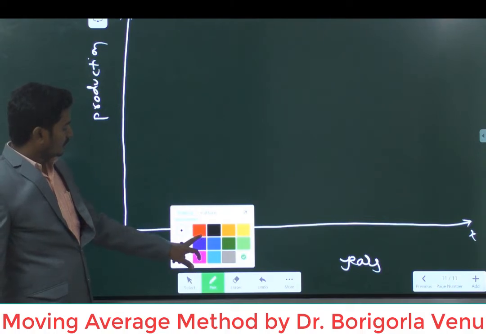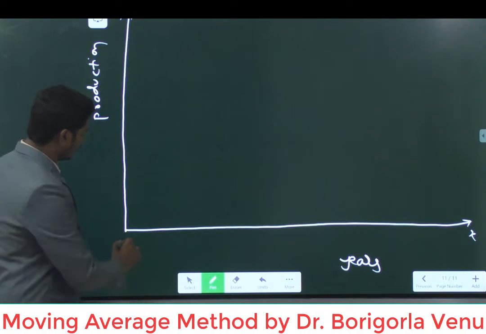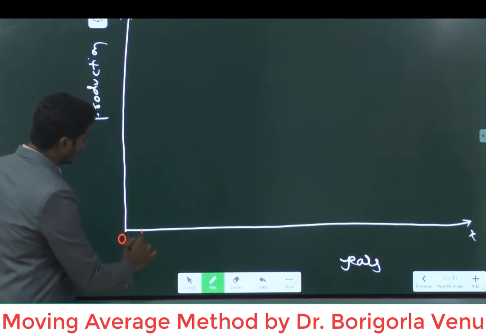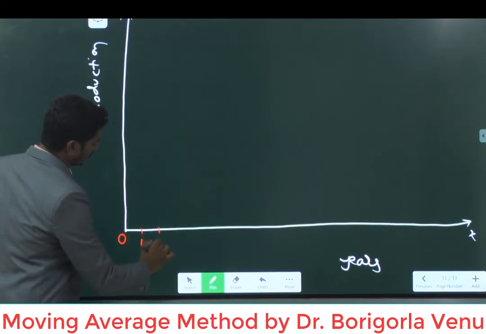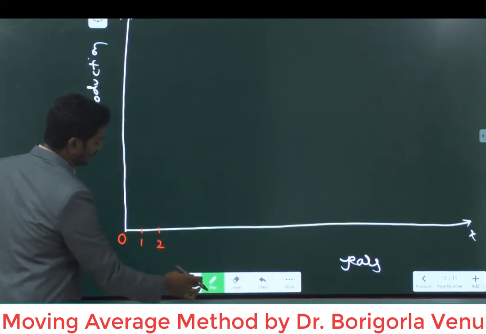So here I am going to draw the graph for this 12 years. Why? Because they are asking for 2 years demand for the given 10 years.